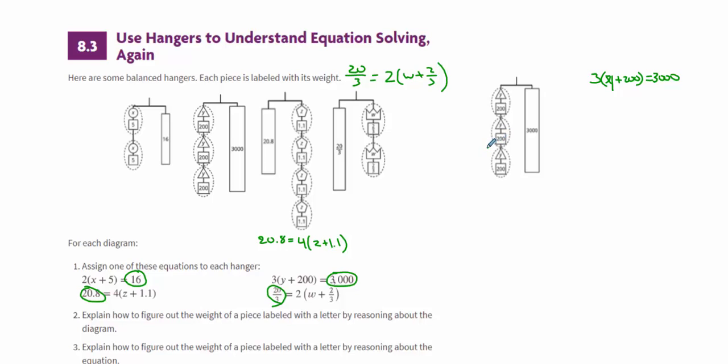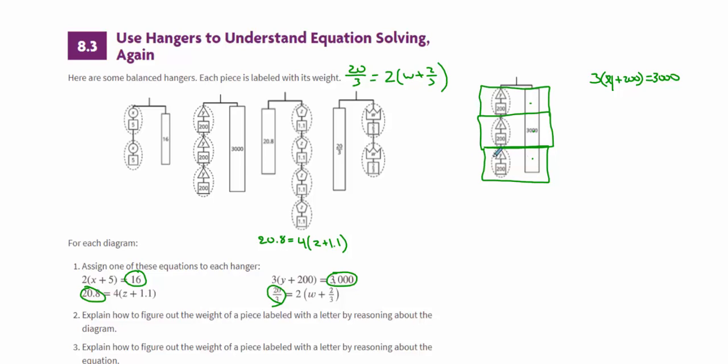So I'm going to take that 3,000 and split it into 3 equal groups, and take this hanger and split it into 3 equal groups, so that each group is 1,000, 1,000, 1,000, to be a total of 3,000.